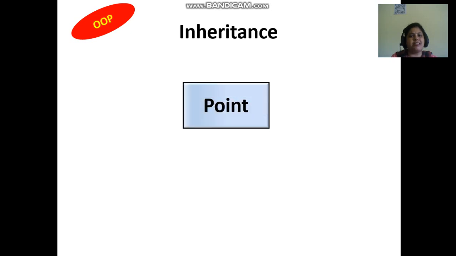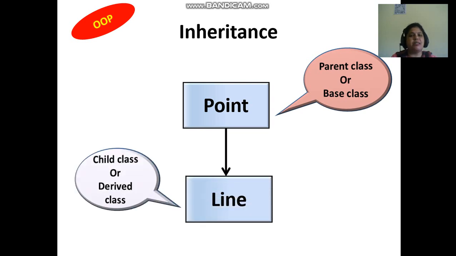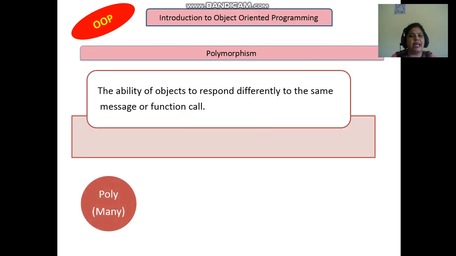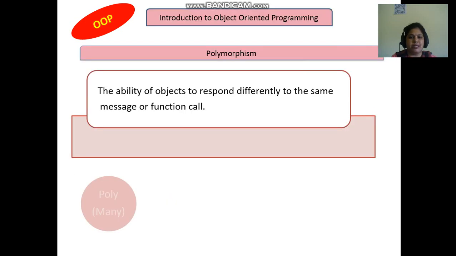So here, consider a class that is a point, and through that class a number of points when you combine together forms a line. So point here is known as a base class and line is termed to be a derived class. So this is inheritance. Inheritance is the ability of sharing properties of one thing into another.